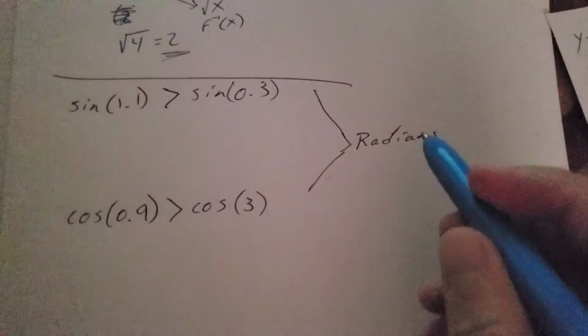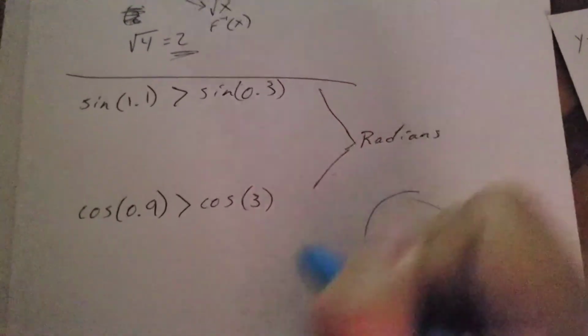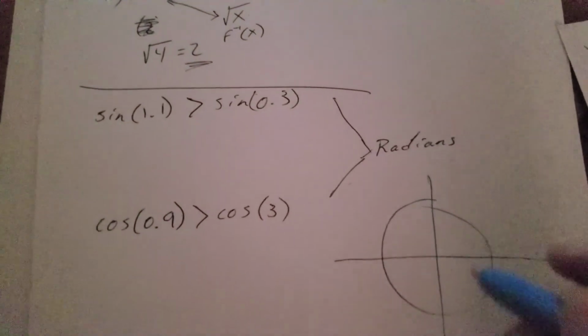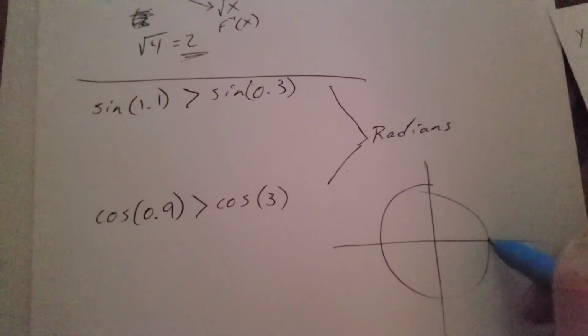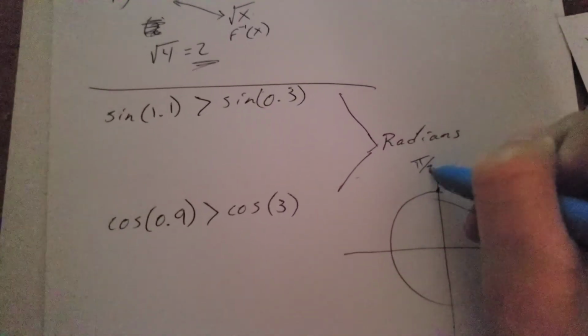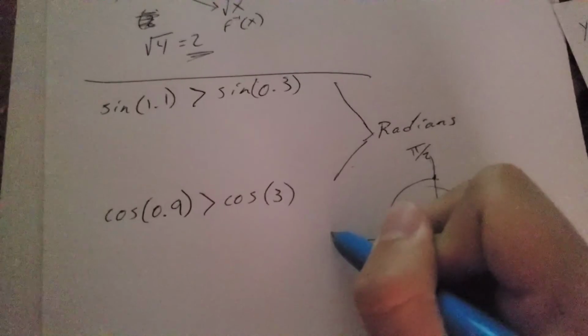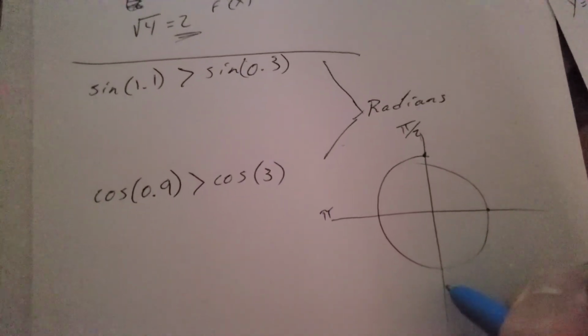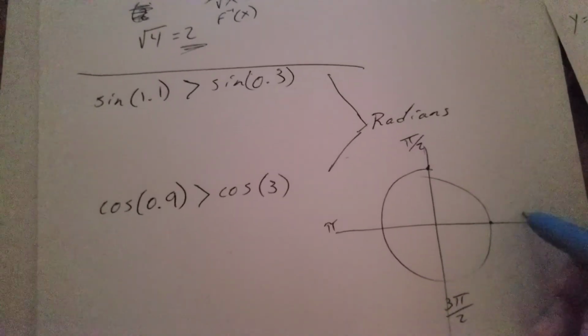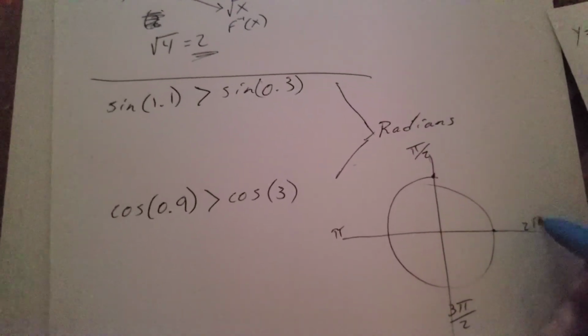Okay, so here's how it works. Looking at the unit circle again, this is 0, this is pi over 2, this is pi, this is 3 pi over 2, and this is 2 pi along with 0.